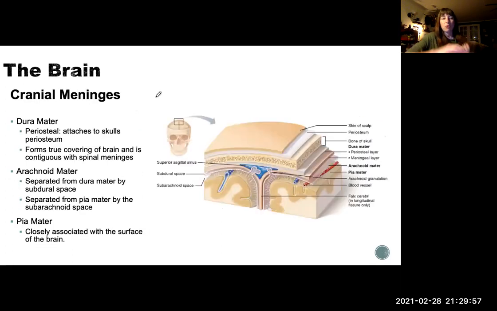All right, finally, the cranial meninges. So these guys are the connective tissue membranes that cover the brain. Remember back in part A, at the very beginning, in chapter 1, we talked about connective tissue membranes. There are membranes that line body cavities, and then there are membranes that cover viscera, right?